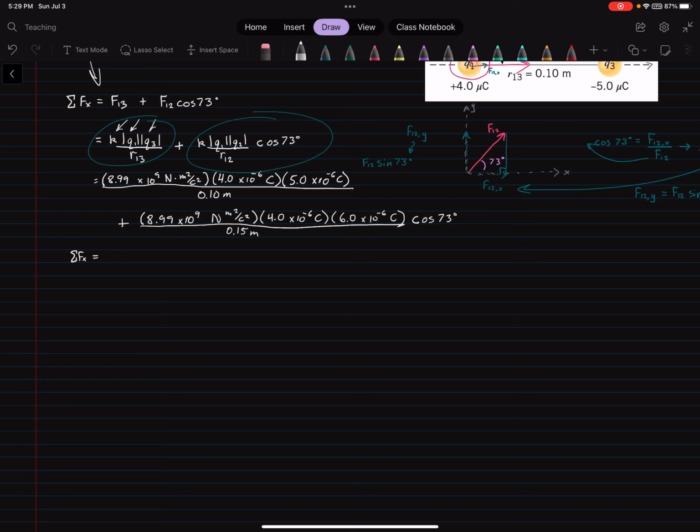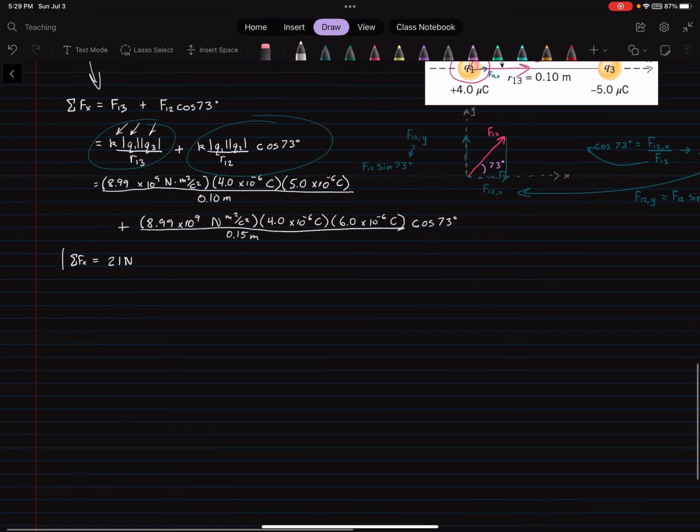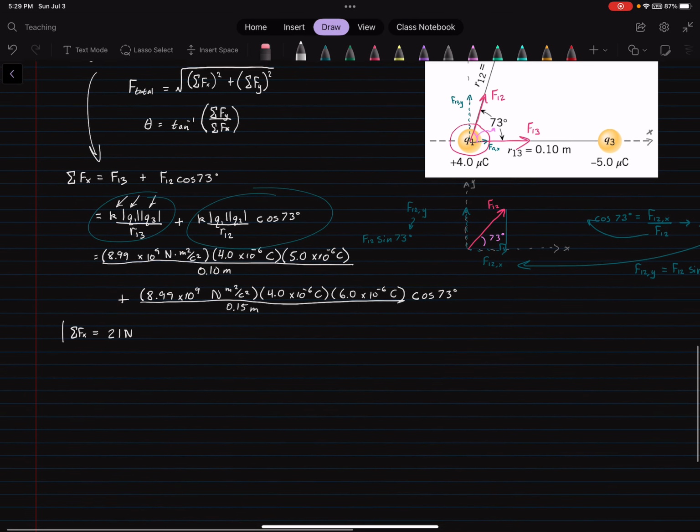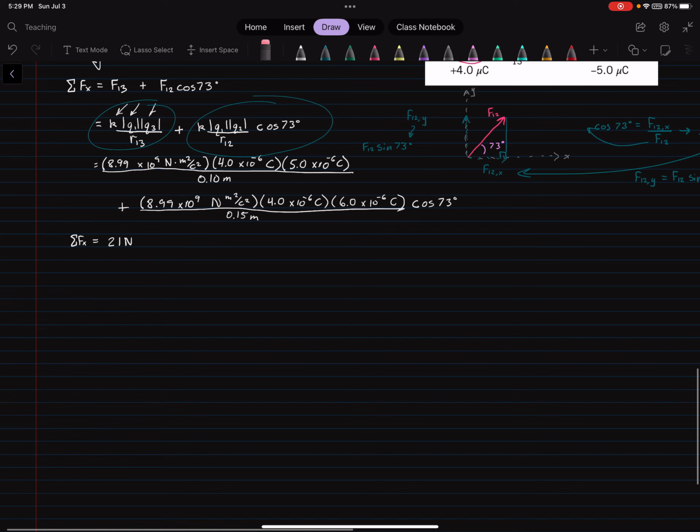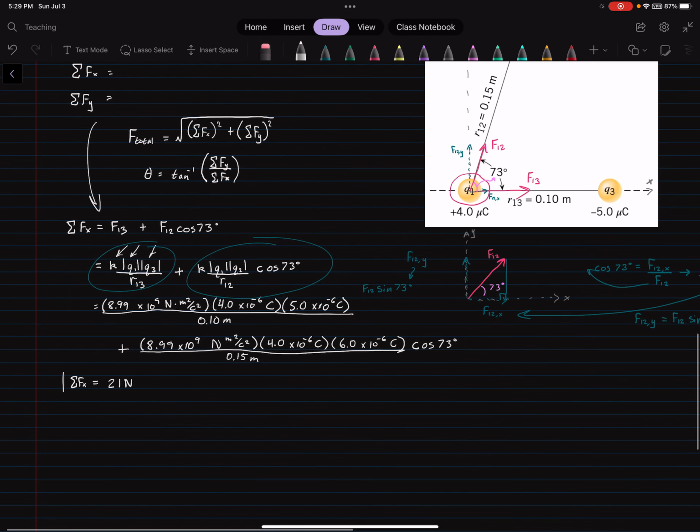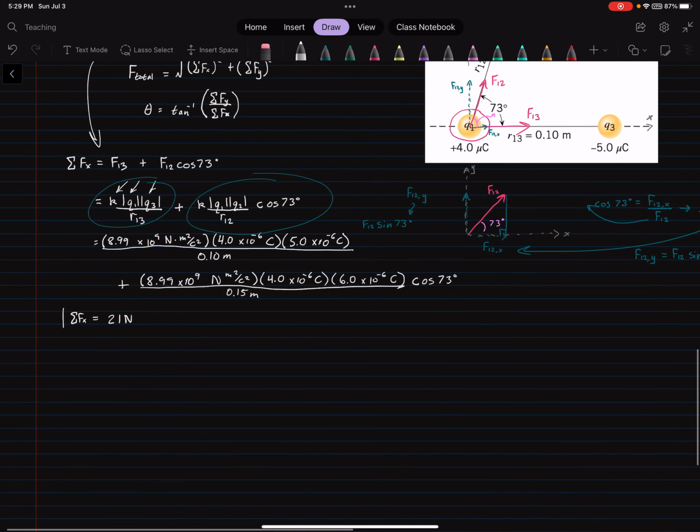You should find that's equal to 21 newtons. All right, so that is our Fx. I usually put a bar behind quantities that are going to be relevant later. We're going to need that because we're going to stick it into our square root of the sum of the squares of the components of the total vector, right?